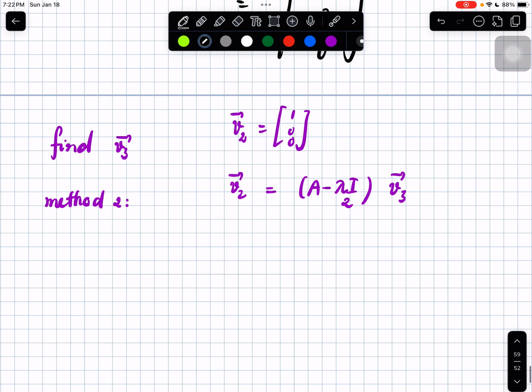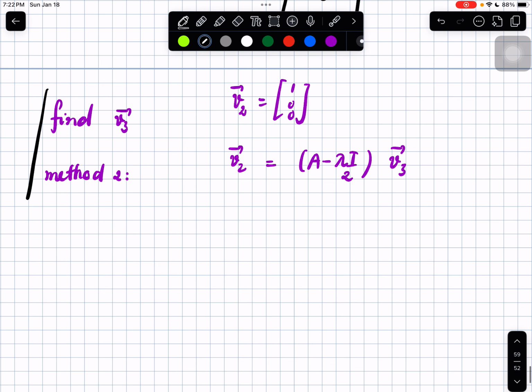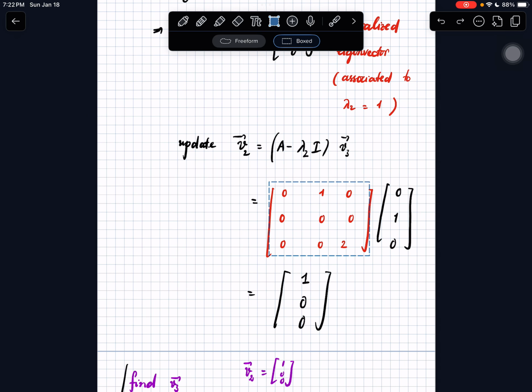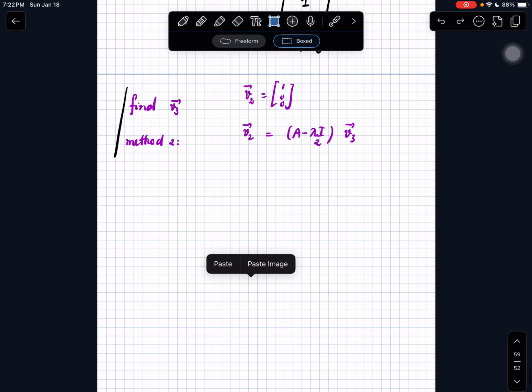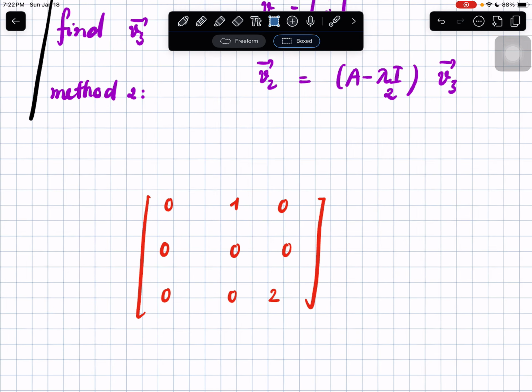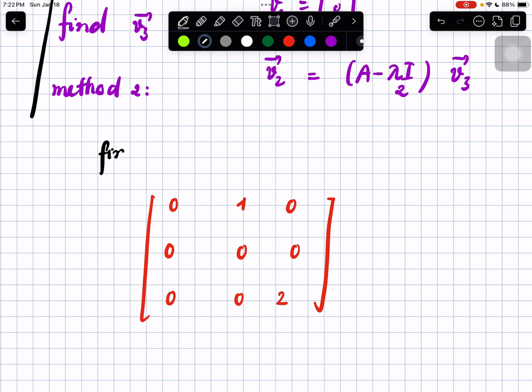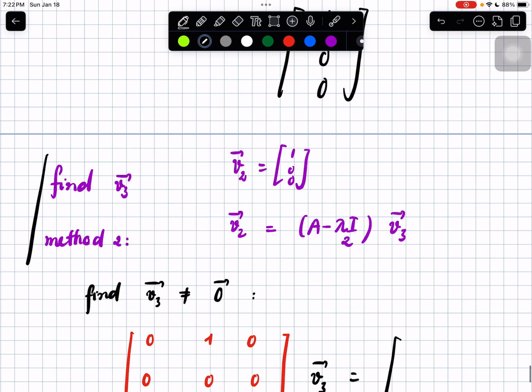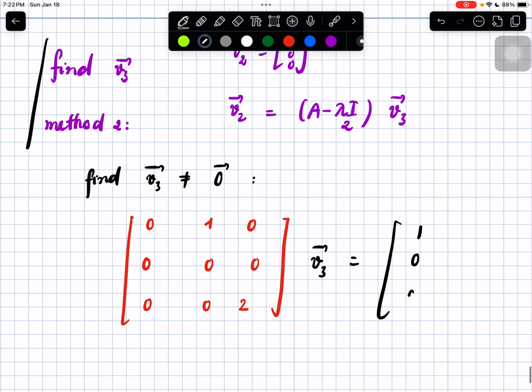The second method, you just solve this one. V3 is in the space of this matrix, A minus lambda 2 I. So we need to find V3, nonzero, such that this matrix times V3 equals V2, where V2 is the vector (1, 0, 0).